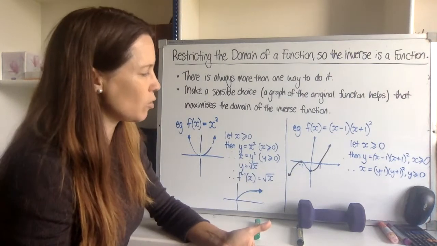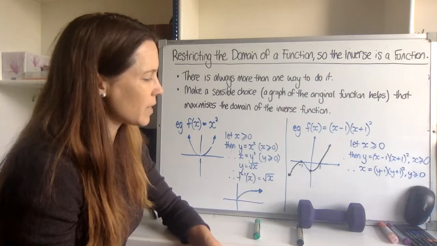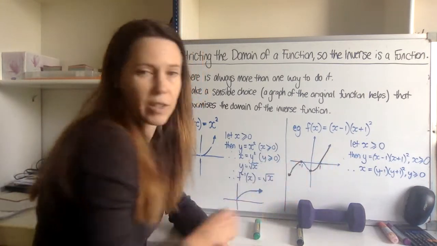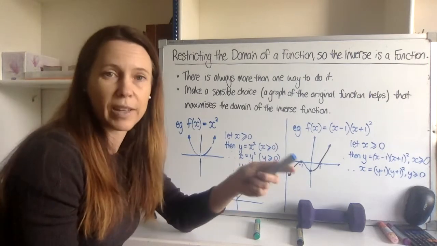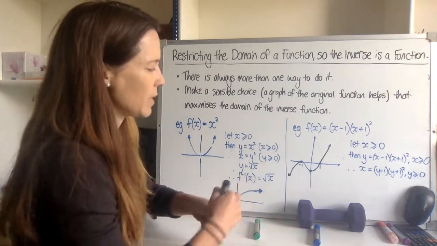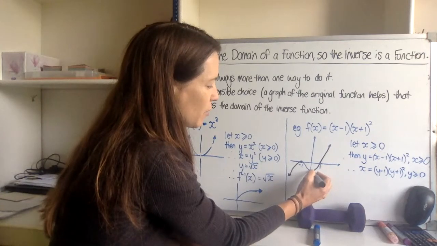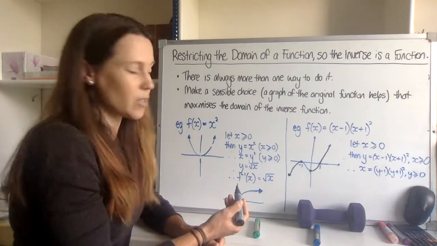Now, if we're looking for what will happen when we find the inverse of this, we can see that anywhere that the original function fails the horizontal line test, its inverse will fail the vertical line test. So looking for problem points, we can see that if we just take anything from here all the way up, that will pass a horizontal line test just fine.